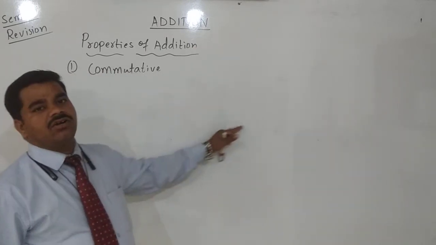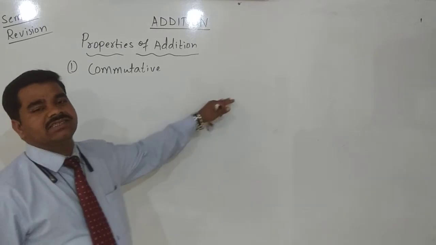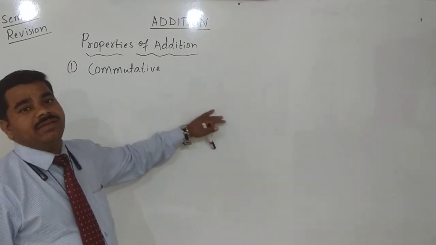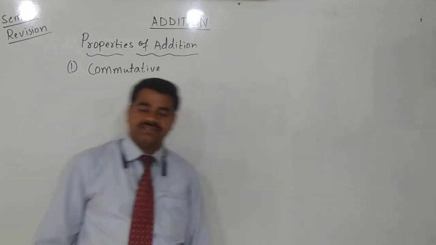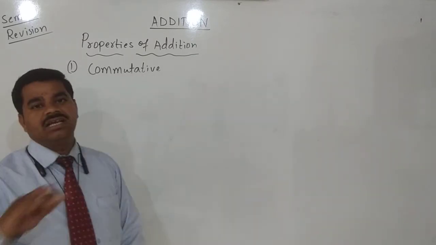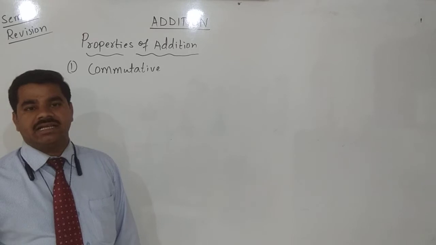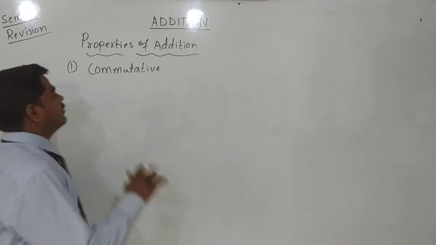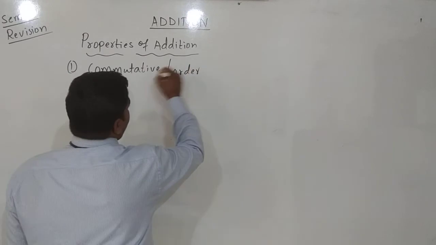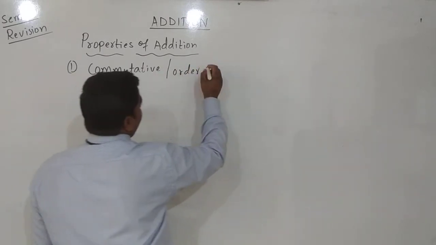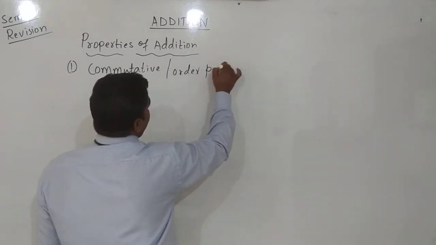you can change the order of the addends. The sum is the same regardless of the order of the addends. Here the order of the addends does not matter. The sum remains the same. You can call it commutative or order property.